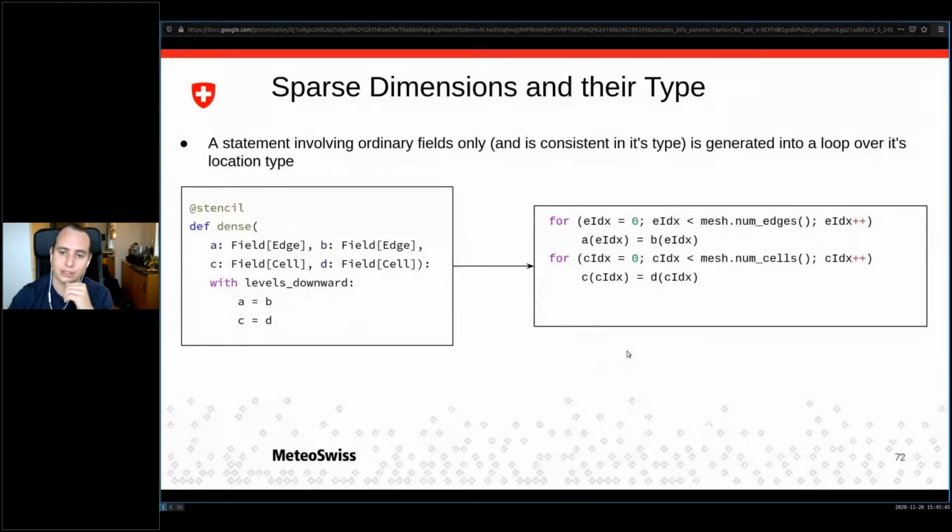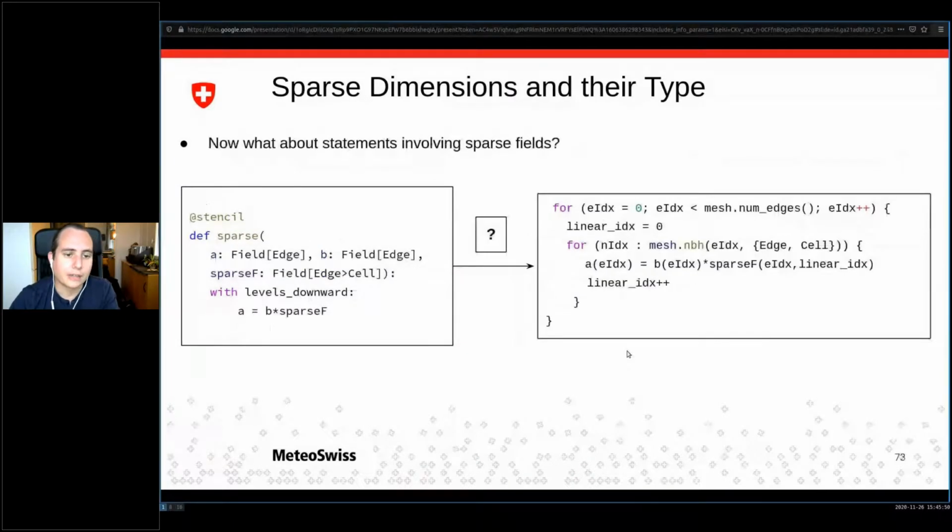And here on the right-hand side, you have the generated pseudocode. So here we need to generate two subsequent for loops. And now assuming we would allow something like this, where we would have this sparse field f and we just multiply it in there, the question is, can you assign valid semantics to this example?